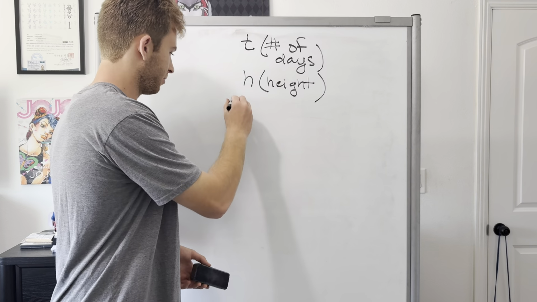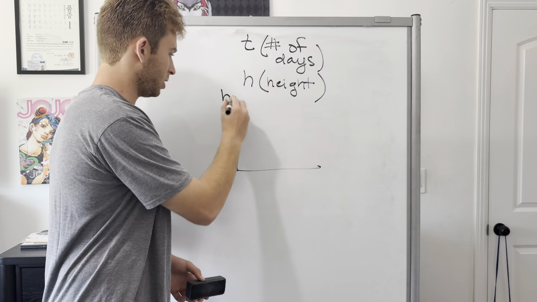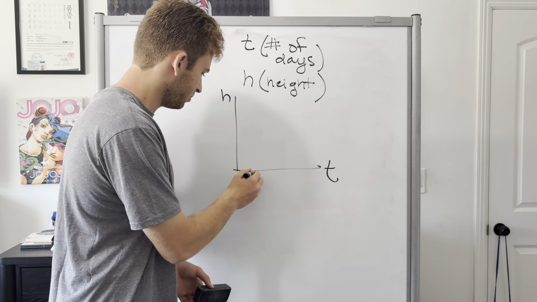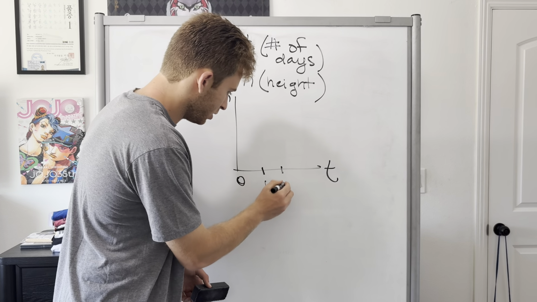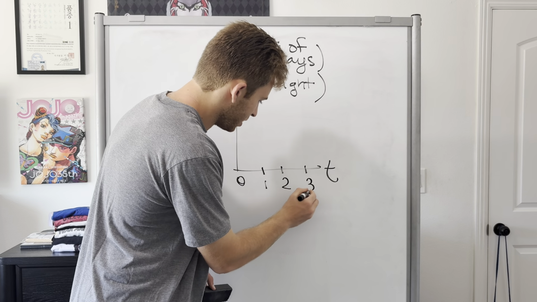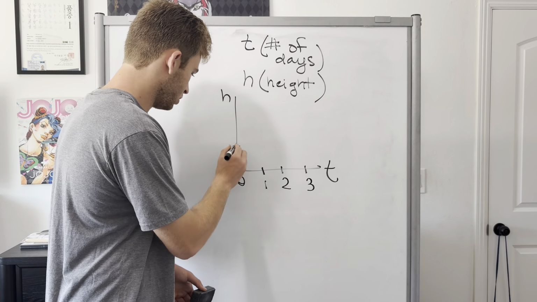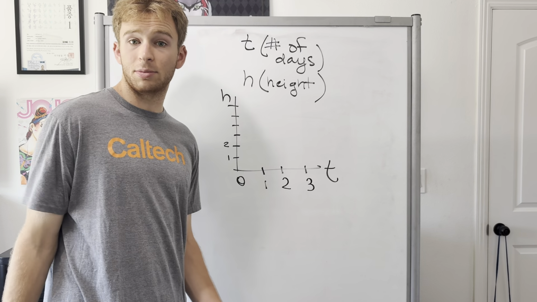And I'm going to make a graph like so. And so I'm going to plot height versus time. And I'm going to make a little increment. So this is 0 days, this is 1, this is 2, this is 3. And then obviously I have 1, 2, 3, 4, 5, 6. And it'll keep going on.